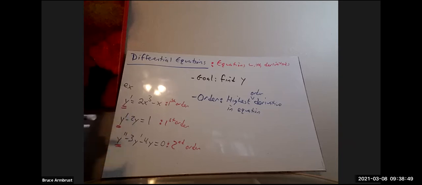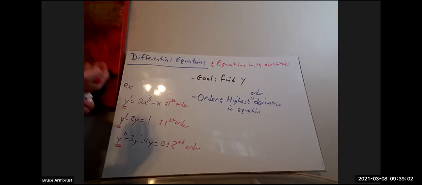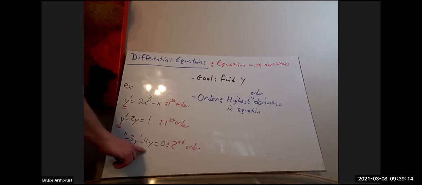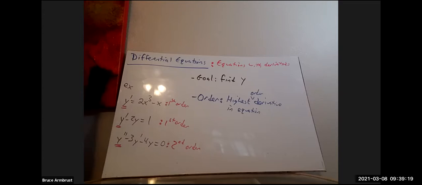Classifying differential equations by order is kind of like classifying polynomials by degree. Right? A polynomial's degree is the highest power of the variable you see. Well, the order of a differential equation is the highest order of the derivatives. What's the one that goes furthest down the line? This one has a second derivative compared to a first derivative compared to the regular function, so the second derivative makes it second order.